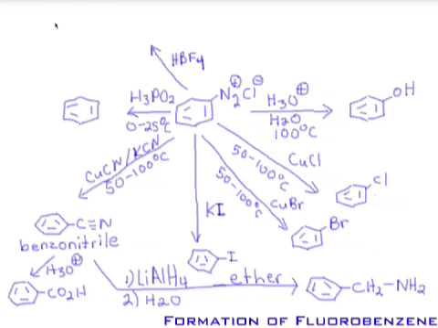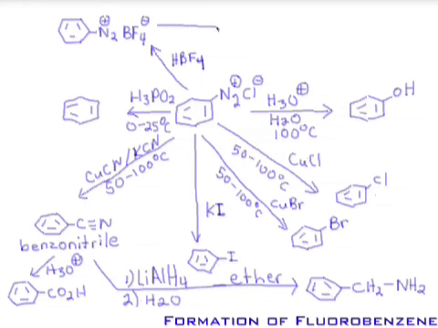So instead of benzenediazonium chloride, you'll form benzenediazonium tetrafluoroborate. So we still have our N2+, and this time we have BF4- as the counter ion. So it's the same thing.